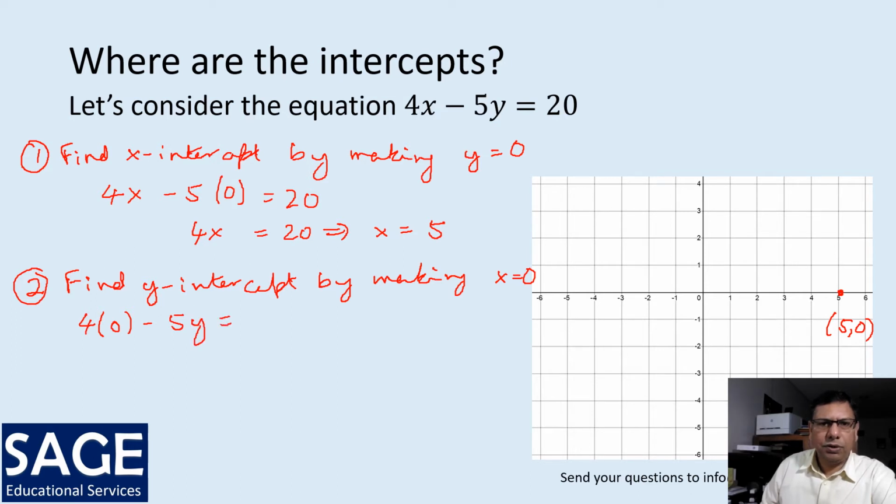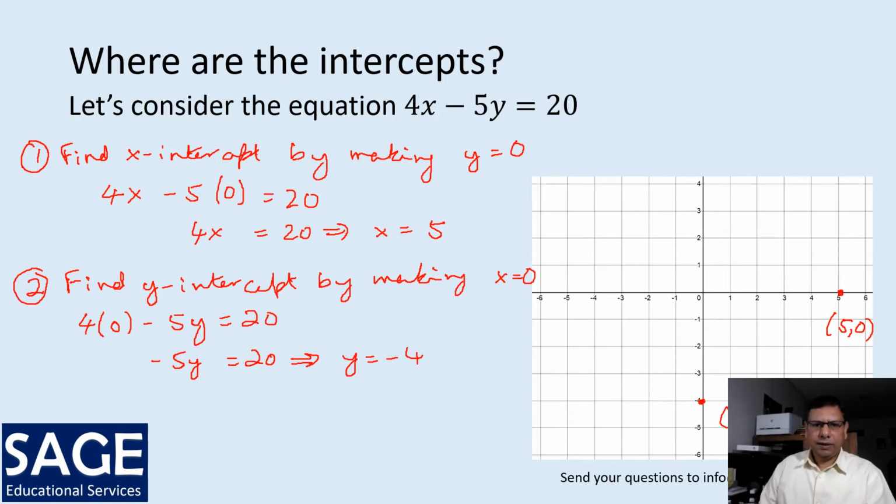So 4 times 0 minus 5y is equal to 20. That gives me negative 5y is equal to 20, which then gives me y is equal to negative 4. So 0 comma negative 4, that's the y-intercept.